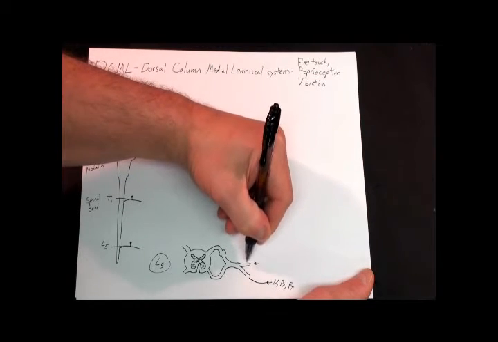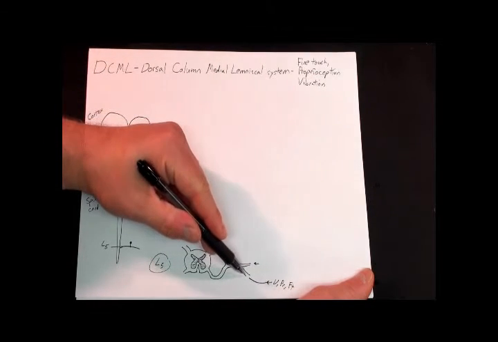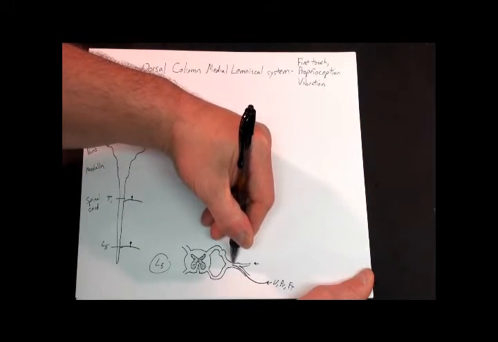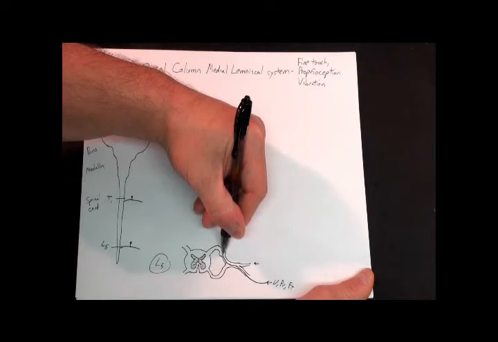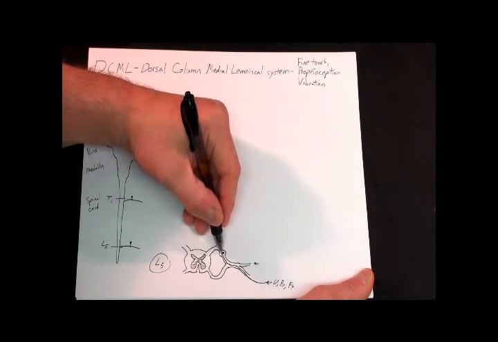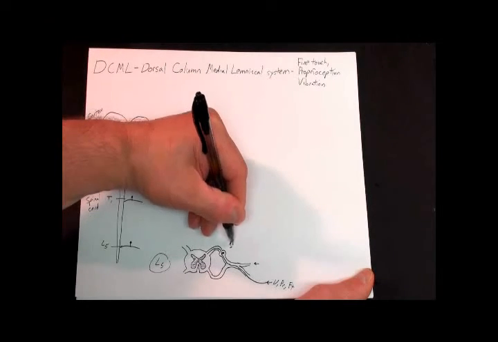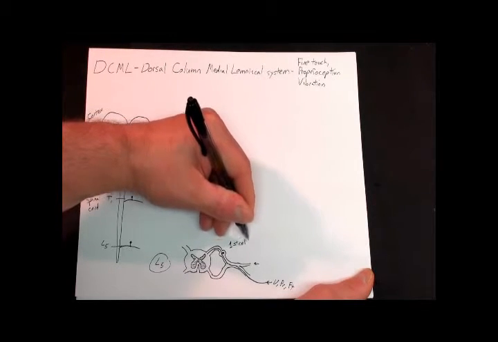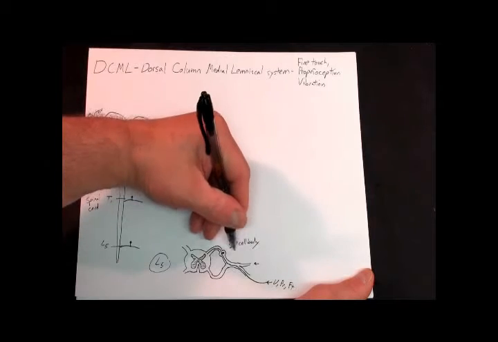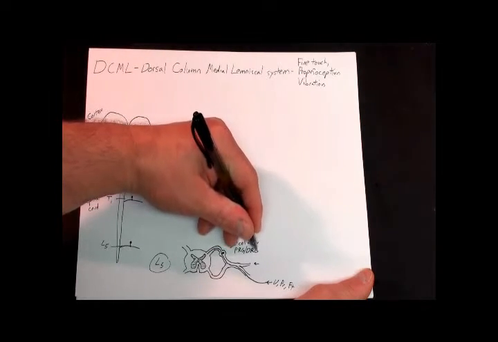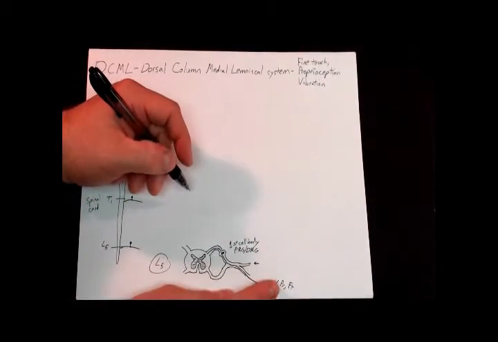Now it could be coming from either the dorsal, posterior, or the ventral, anterior root, but either way, those axons cluster together in the spinal nerve, and all sensory input goes to the dorsal root ganglion or posterior root ganglion right there. And then it heads into the spinal cord. Now at this point it's important to know that the first cell body in this chain is located here at the posterior root ganglion, aka dorsal root ganglion. So we've got those right there.